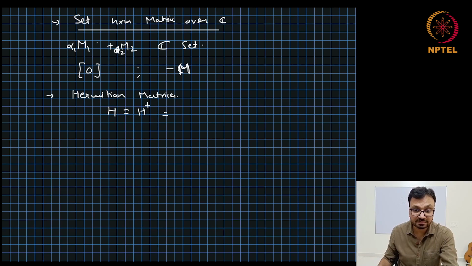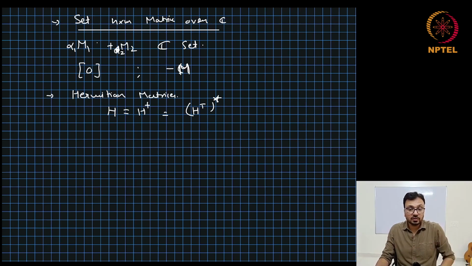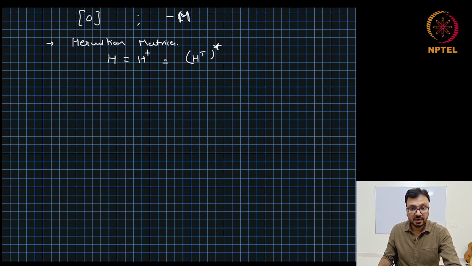Hermitian conjugate is defined as transpose and conjugate. So if a matrix is equal to its own Hermitian conjugate, then it's a Hermitian matrix. This is interesting from the quantum mechanics point of view, because all the observables are represented by Hermitian operators, Hermitian matrices.